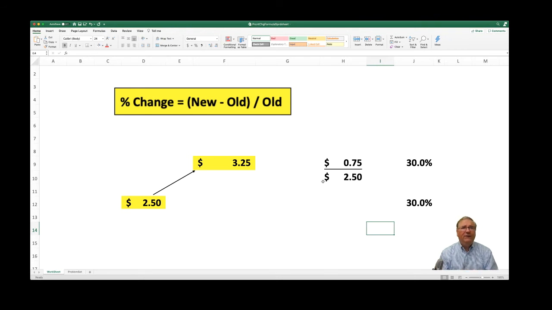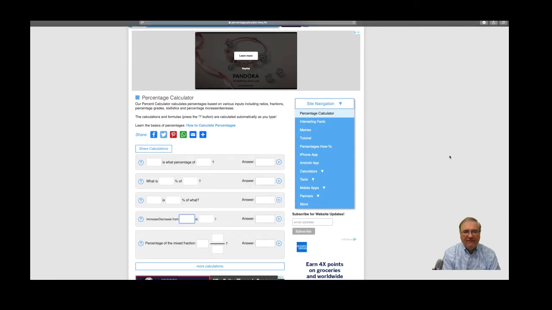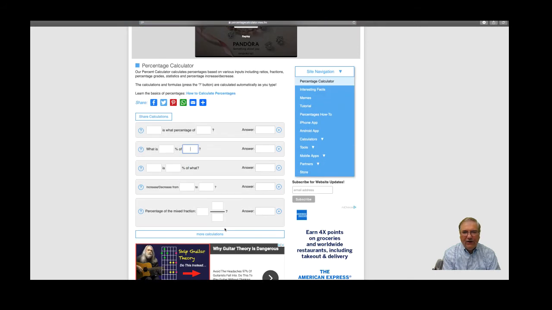And if you want to take that route, all you would need to do is a keyword search using Google or one of the many search engines out there, Yahoo, Bing, whatever, and you'll stumble across many calculator websites out there. I just did that and stumbled across this one here. It's called percentagecalculator.mes.fm. Looks like it's got a lot of different percentage change formulas that are pre-written to answer word problems and such.